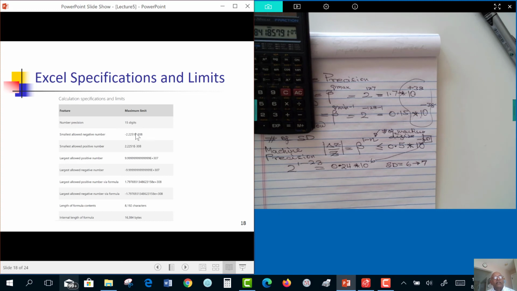Its underflow is like 10 to the minus 308. Overflow is 10 to the power 307. So these are kind of the final values they can calculate. Just some other things that I copied from the specs.